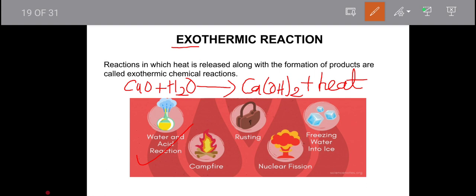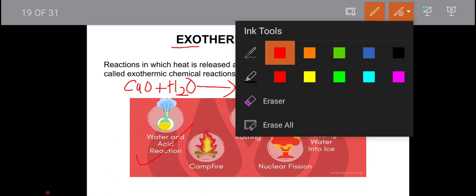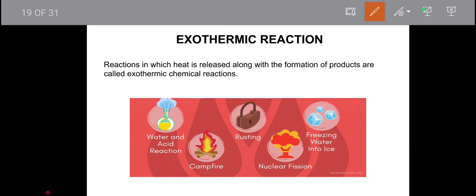Once we are doing heavy exercise or work, energy will be produced, or liberated here. So whether cellular respiration is an exothermic reaction or an endothermic reaction, that is what we are going to discuss in the next slide.